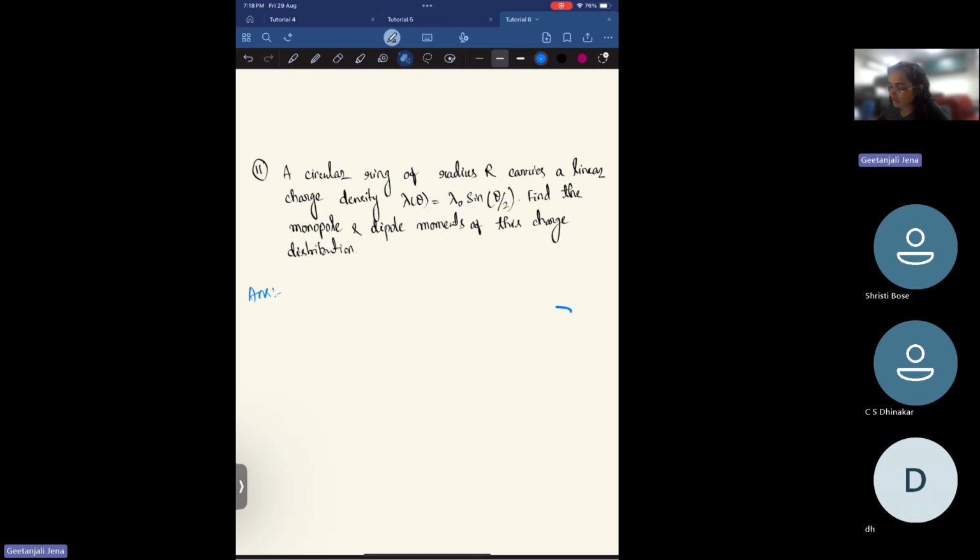We have a ring and it has a linear charge density given by lambda theta is lambda 0 sin theta by 2.